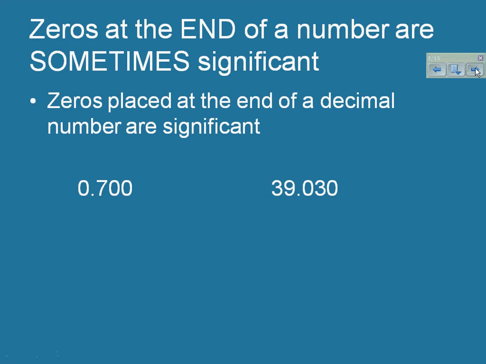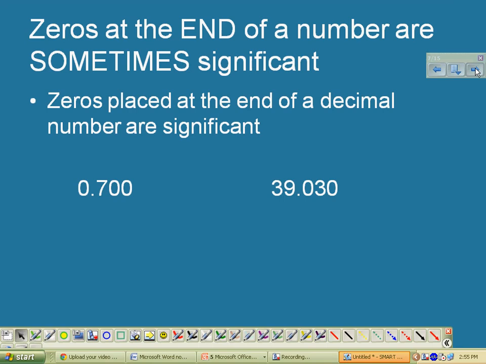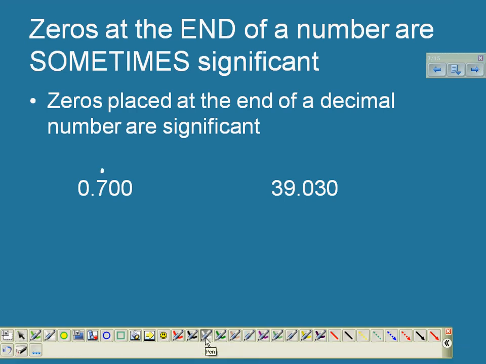So if you remember the Pacific and Atlantic rule, if the decimal is present, you start on the left side of the number, or the Pacific side of the number, and you count till the end of all the digits. So for 0.700, start counting with the 7, and you count till the end of the number. How many sig figs?